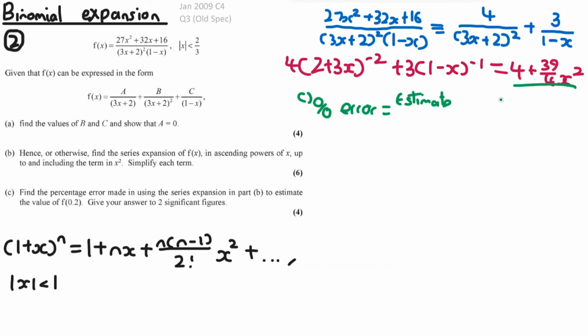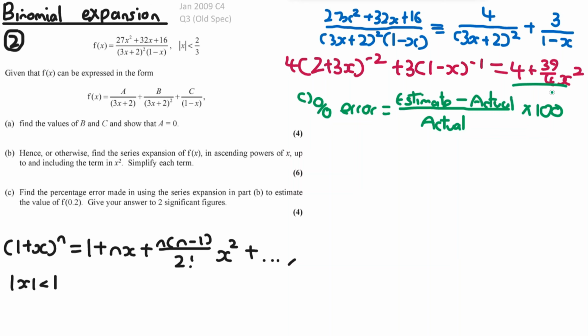So therefore this is only an estimate, minus the actual value. So the actual value that you get out of the calculator when you sub in x is equal to 0.2 into f of x here, over the actual, times 100.